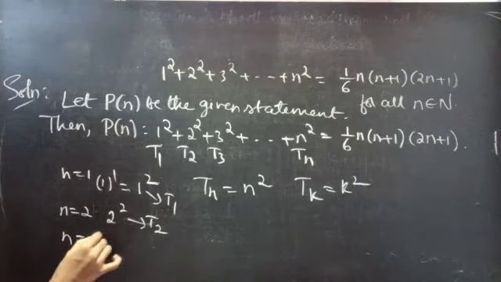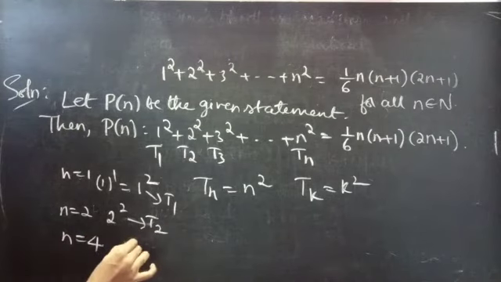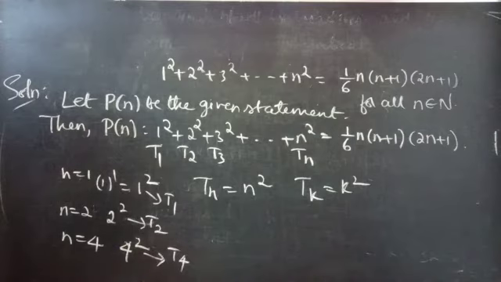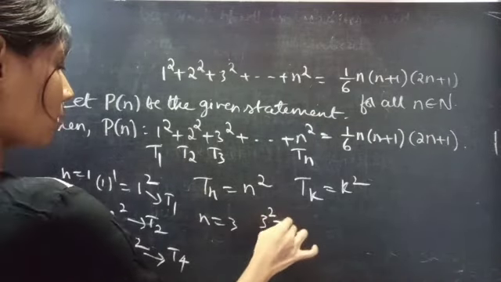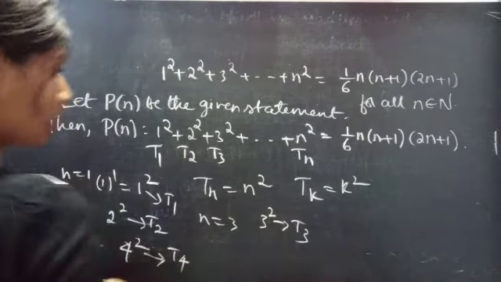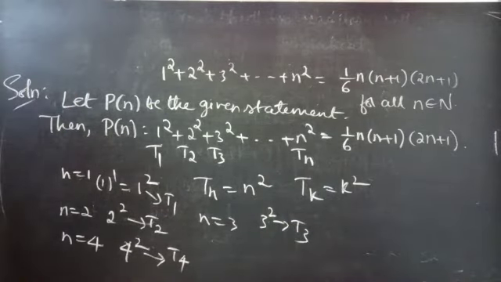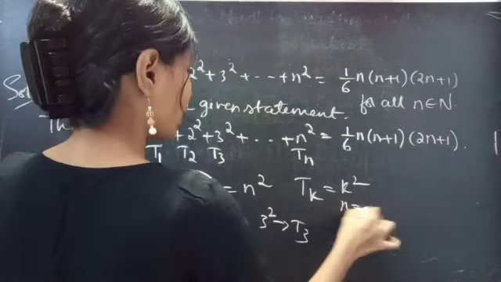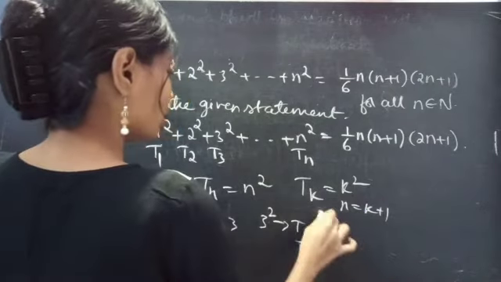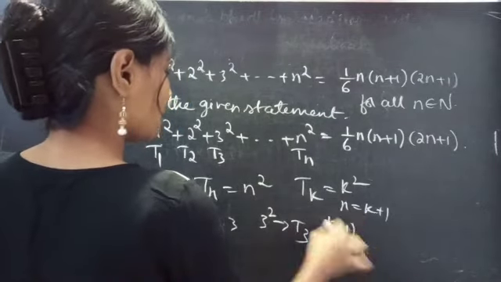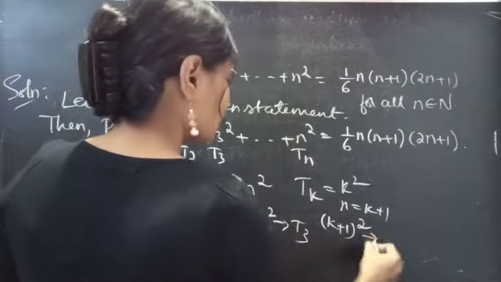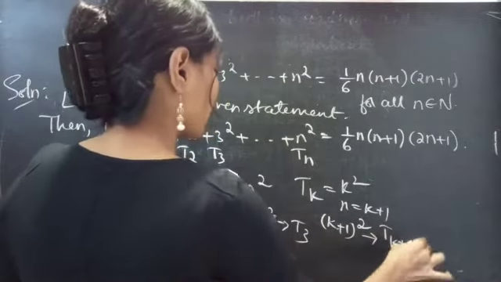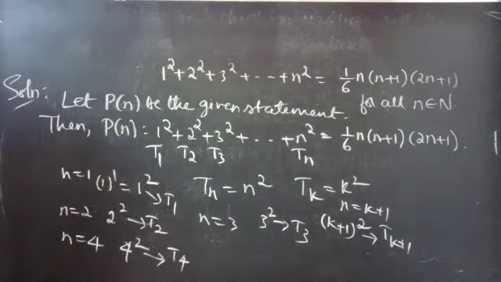Likewise, when n equals 3, you get 3 square, which is your third term, and when n equals 4, you get 4 square, your fourth term. When n equals k plus 1, you get k plus 1 whole square. This will be your k plus 1th term. Okay, fine.